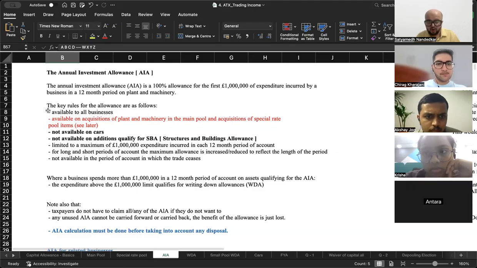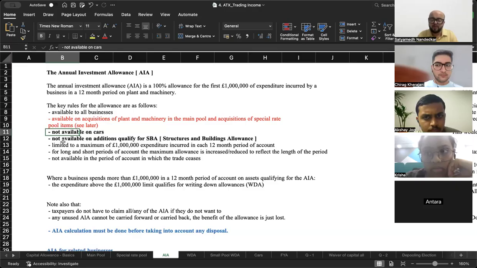This is available to all businesses, available on acquisition of plant and machinery in the main pool, not available on cars, not available on buildings that qualify for structures and buildings allowance. Cars are always an exception, please remember. Limited to a maximum of 10 lakh expenditure incurred in a 12-month period of account.